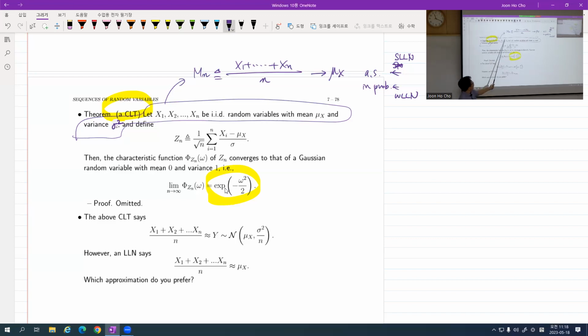It could be some strange random variable, but with finite mean and finite variance. Be careful. As I told you last time, some random variables do not have a mean value, and some random variables have a mean value but do not have a finite variance. So this assumption is important for this theorem.